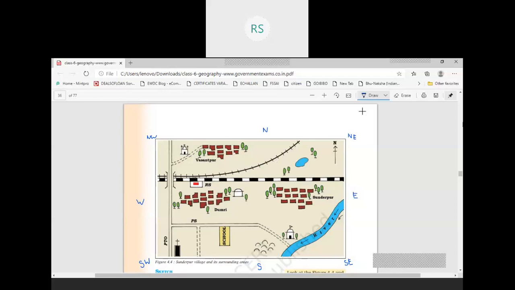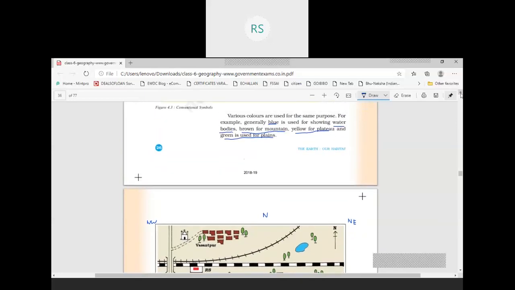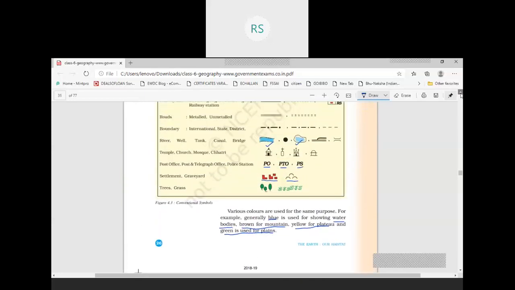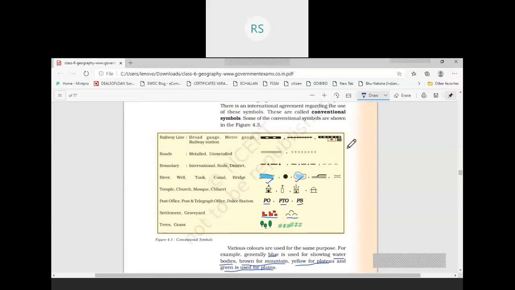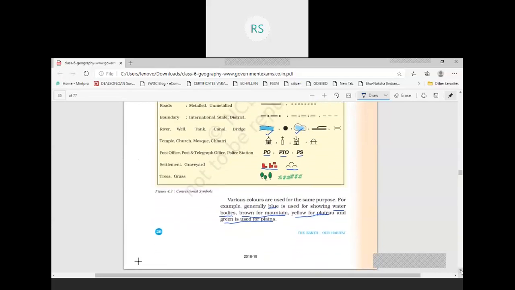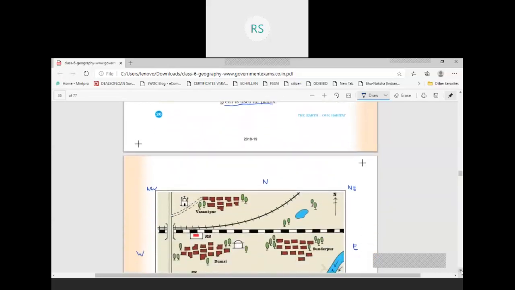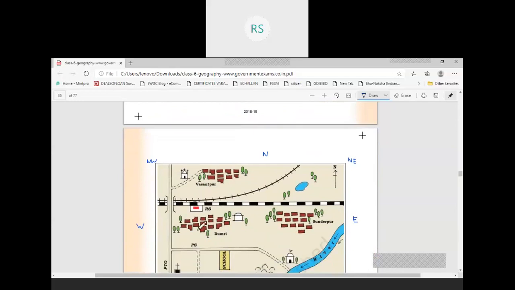You have studied about this now. In the previous section there was a mention of these. You can see this is a railway station and this is a railway line. This is the railway line of meter gauge. Okay, and this is the bridge.